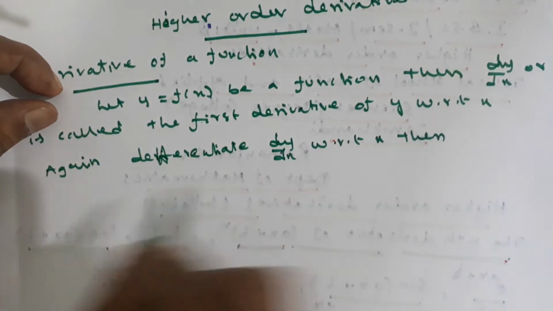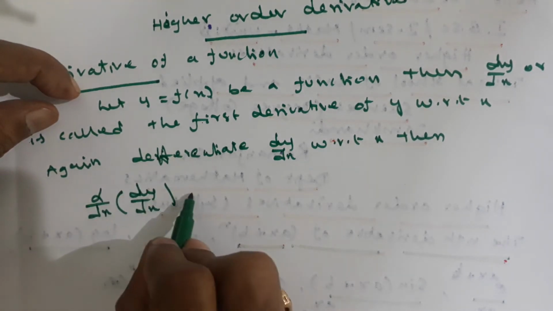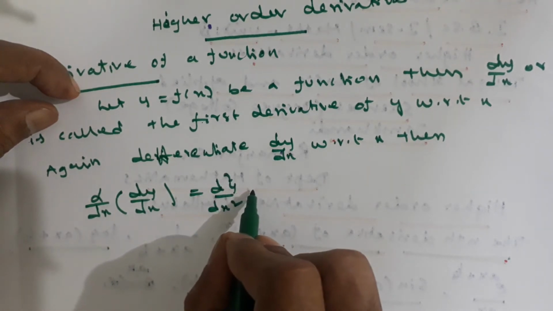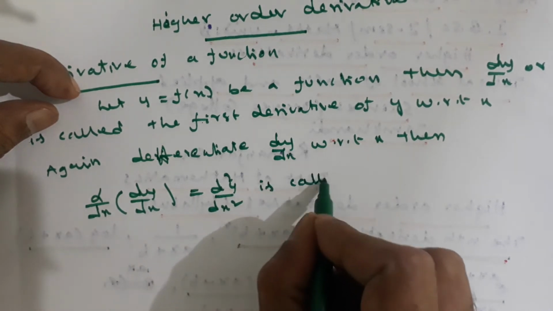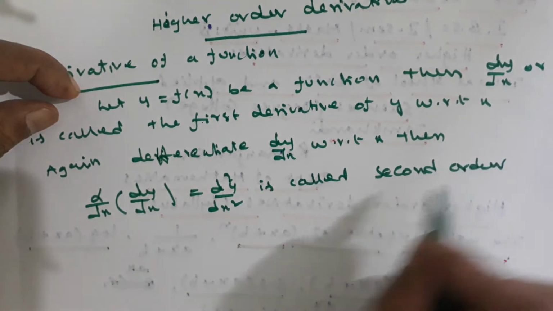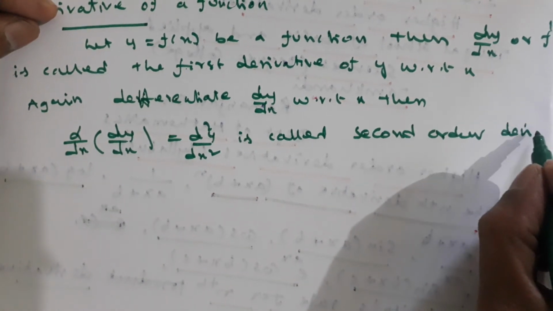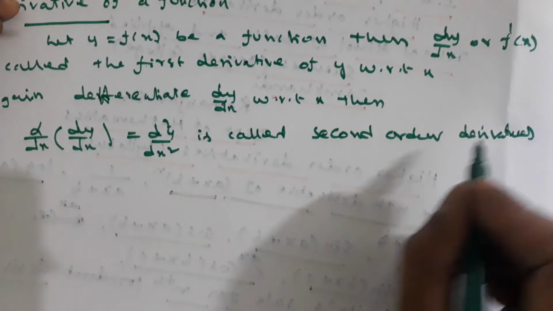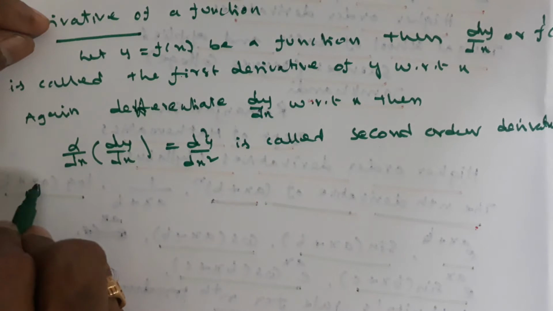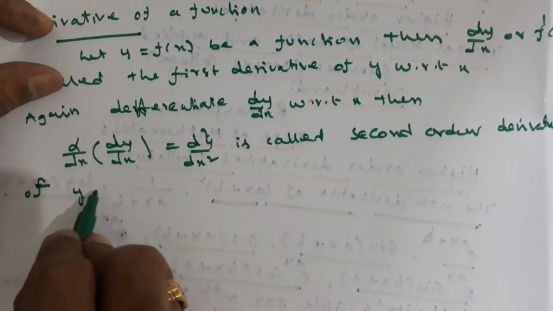Then d by dx of dy by dx is equal to d square y by dx square, which is called the second order derivative of y with respect to x.